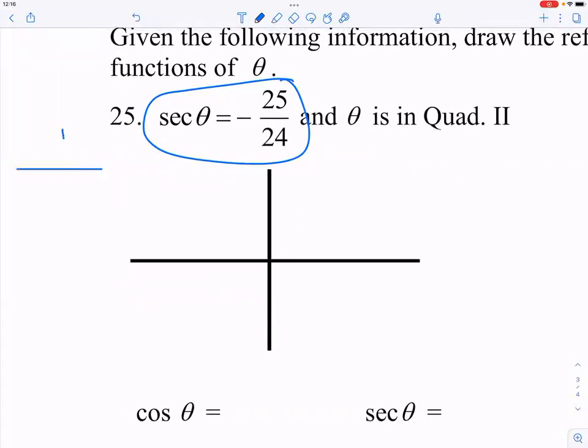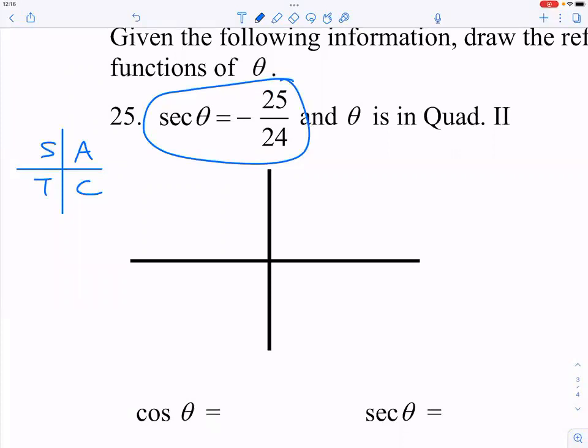One thing that you should have either on your paper or in your mind, I always like to draw it out because I can look at it. I don't have to force myself to think about it in the back of my head. So ASTC: these 4 letters represent the function that is positive in each of the respective quadrants.